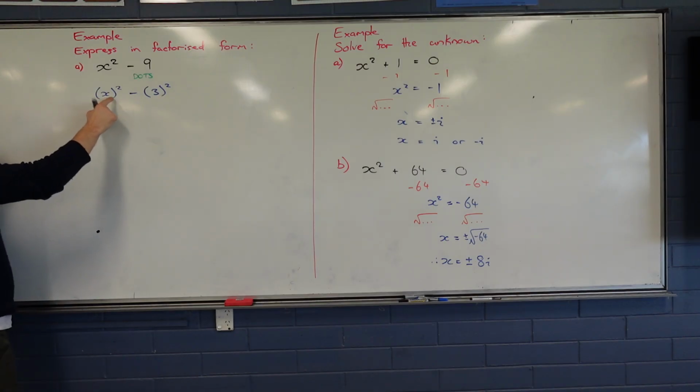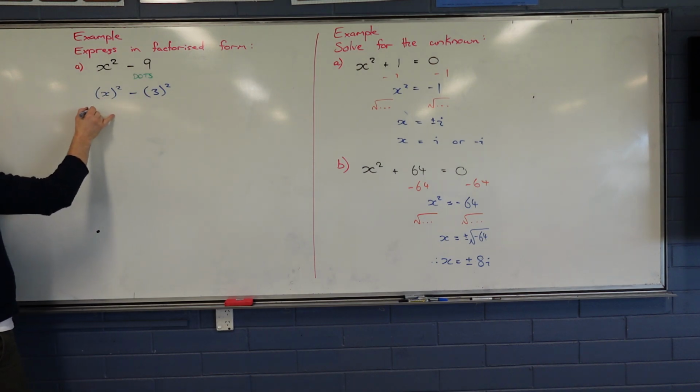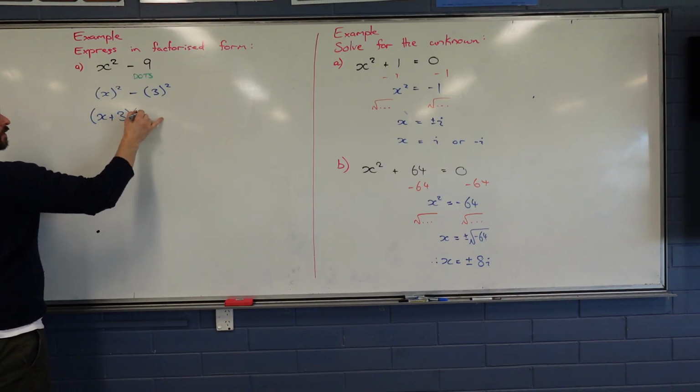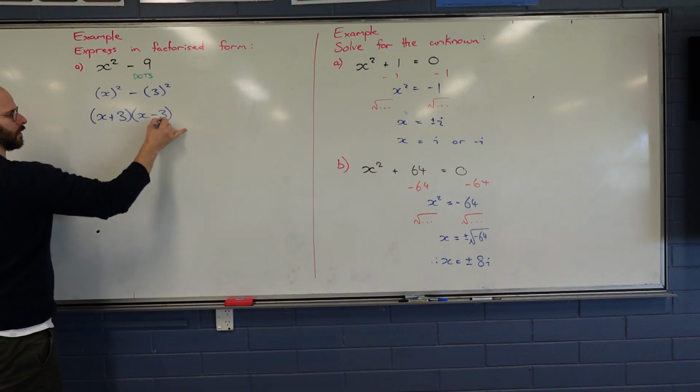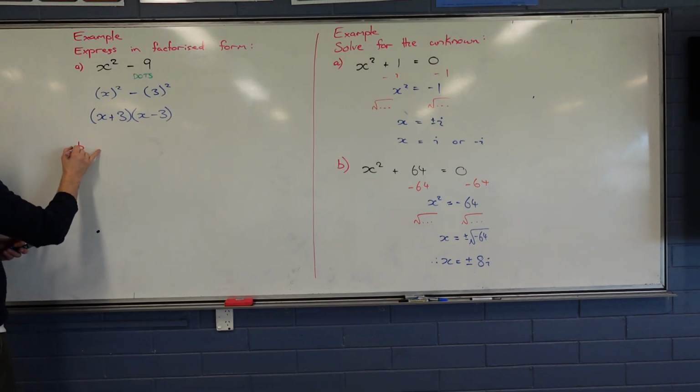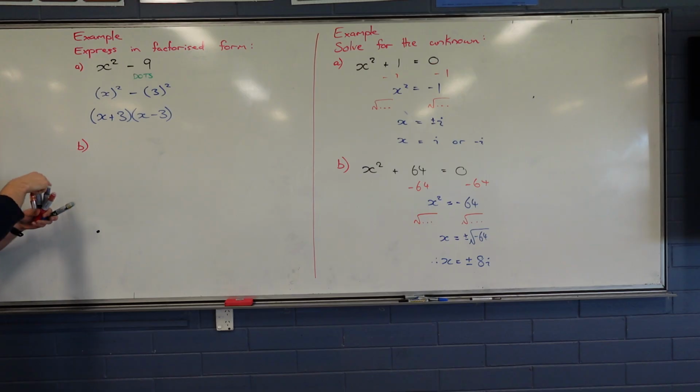So first term plus second term times first term minus second term. Are we comfortable with this? Okay, one more just to make sure before I give you something mean.